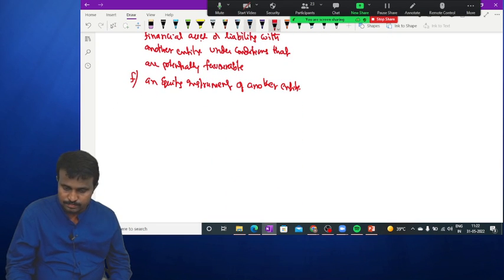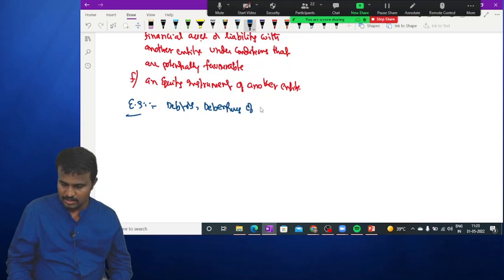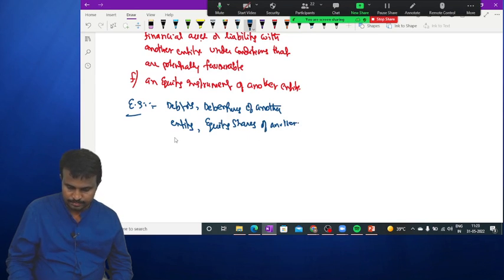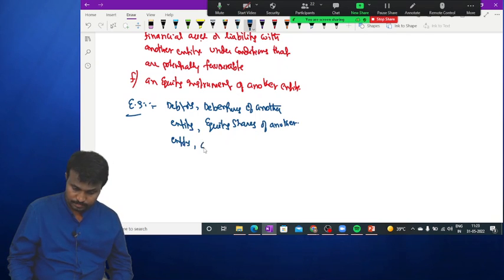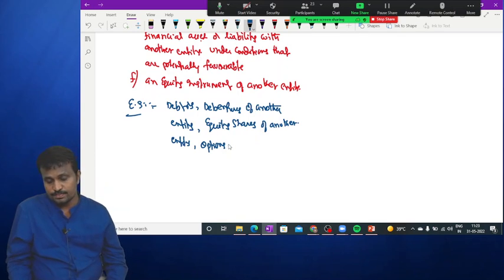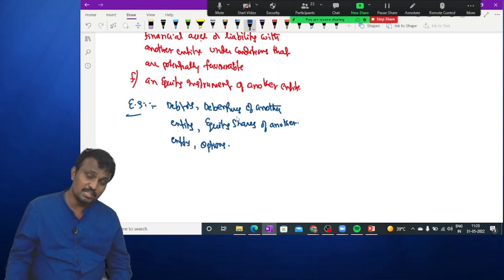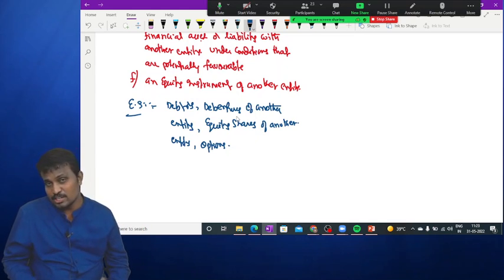So for example, as we discussed, debtors and debentures of another entity, or equity shares of another entity, meaning investment in debentures or investment in equity shares of another entity, and options, etc. But remember, physical assets are not covered under the financial asset term.